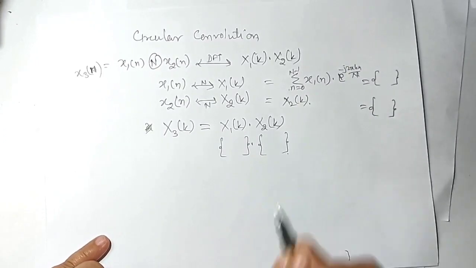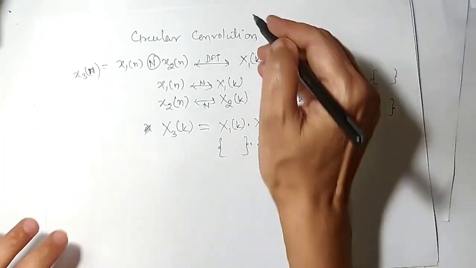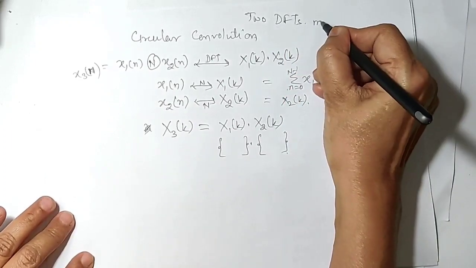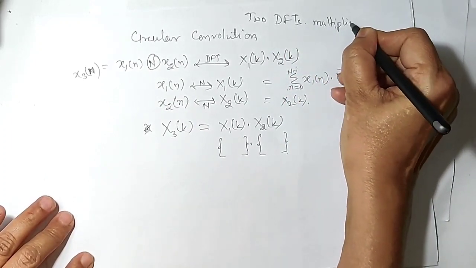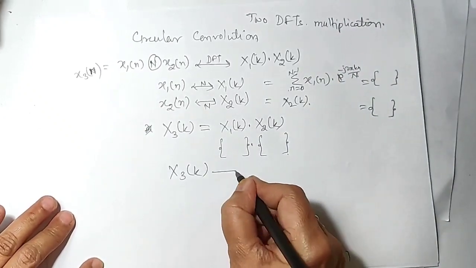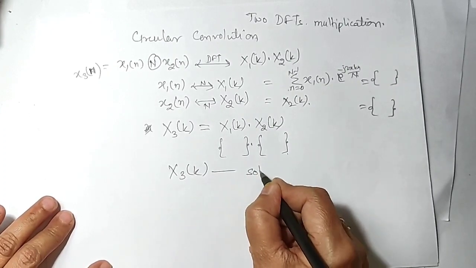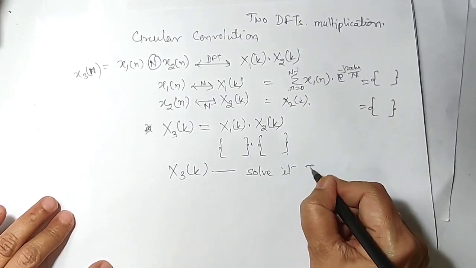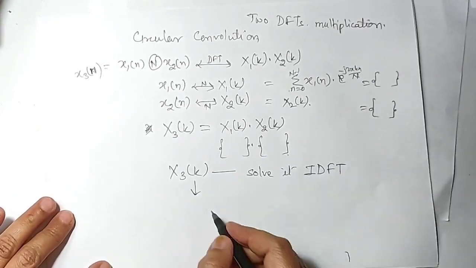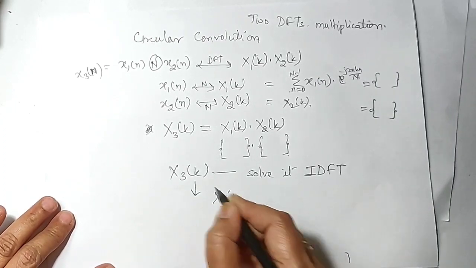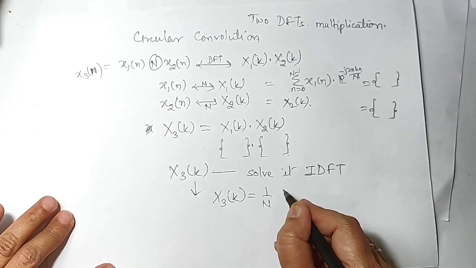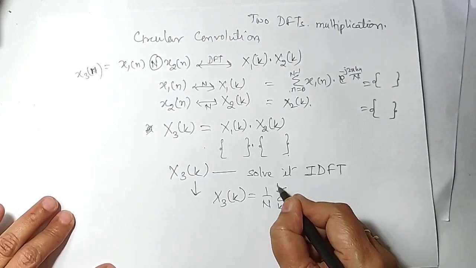Multiply it: multiplication of two DFTs. So we'll get this X3(k), then solve it for getting x3(n). For this IDFT equation, X3(k), which we have achieved from here, will be calculated as 1 by N, don't forget the sample, sum over k equal to 0 to N minus 1.